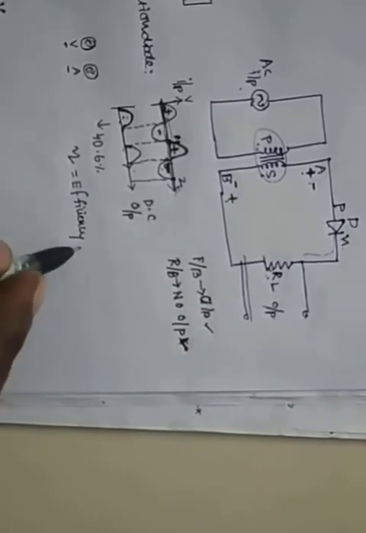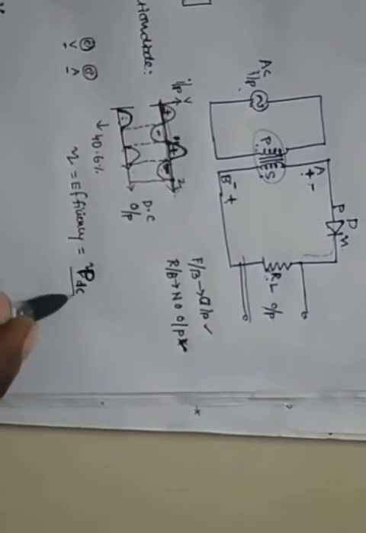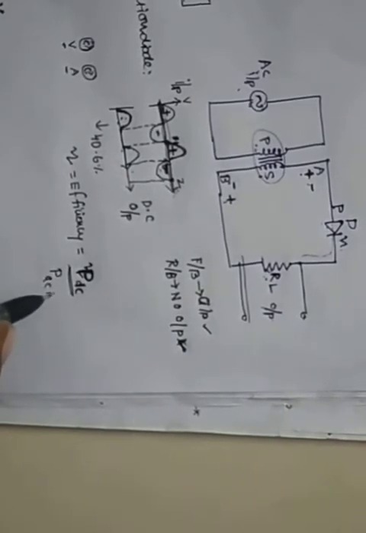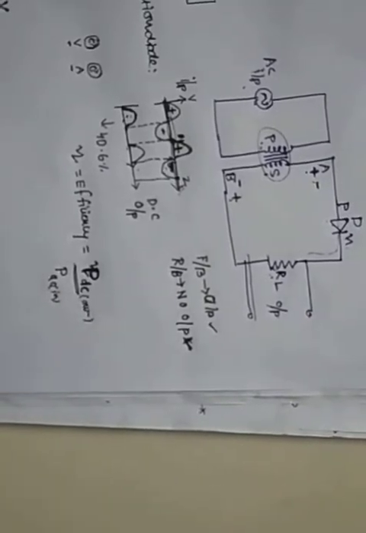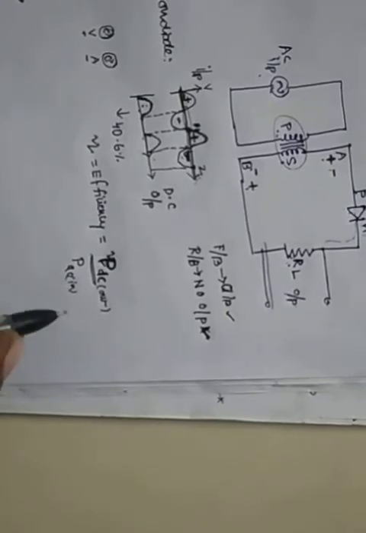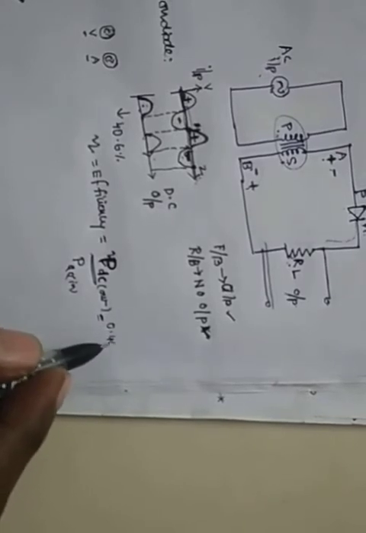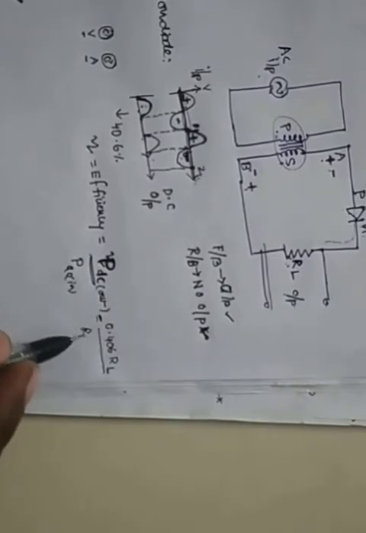This efficiency can be defined as output DC power divided by input AC power. So this value is equal to 0.406 RL by RL plus RF.